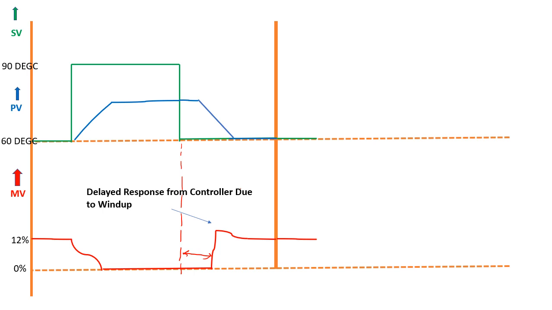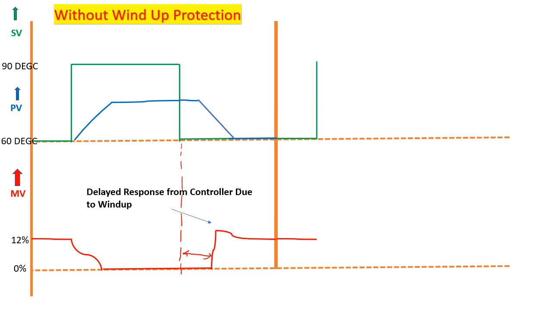So now we take the situation when reset windup protection is present. What will happen in that situation? Now if the operator increases the set point to 90 degrees, again the controller will try to match the set point, but it will not be able to because it is too high a set point.